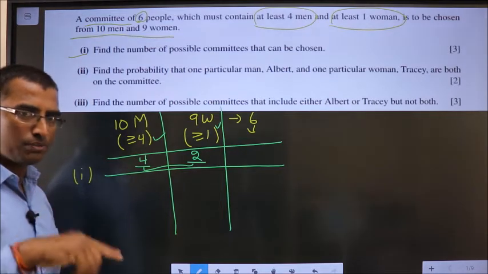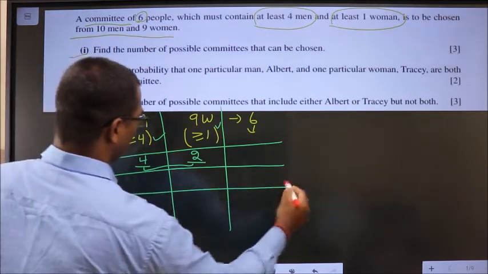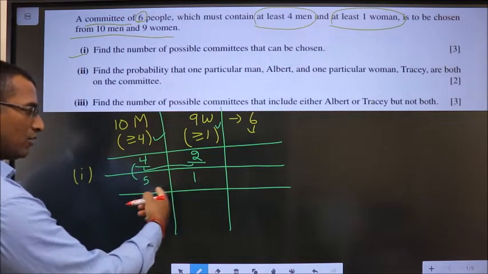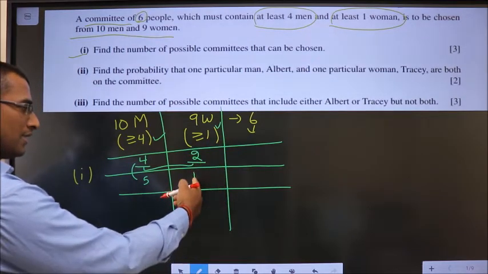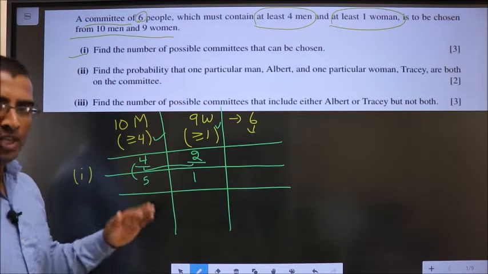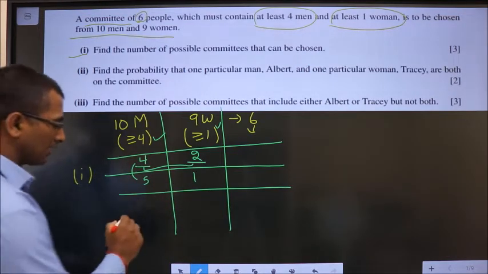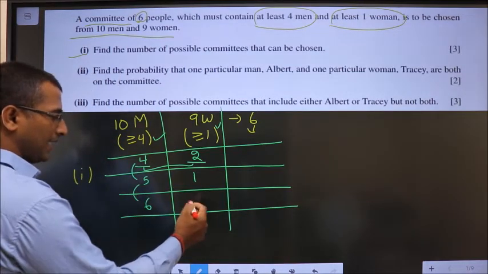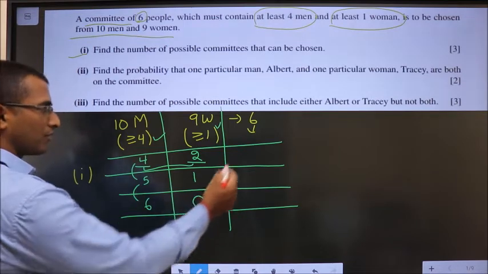So next option. Increase this to 5. Here it has to be 1. Then only the count will be 6. This 1 is satisfying this condition. So no issues. Let us go to the next option. If I increase this to 6, then here it has to be 0. Then only the count will be 6.